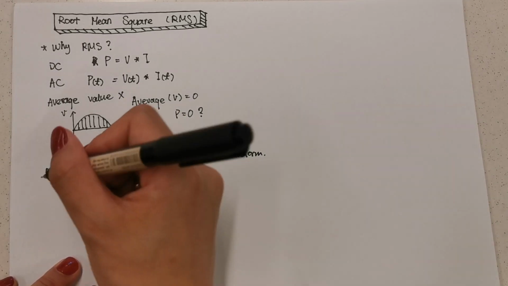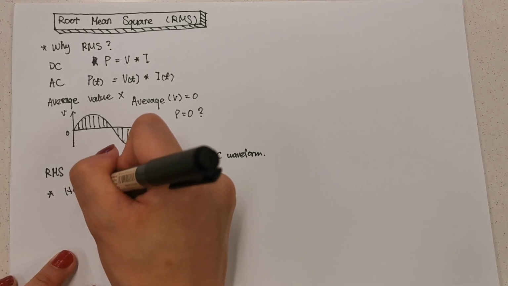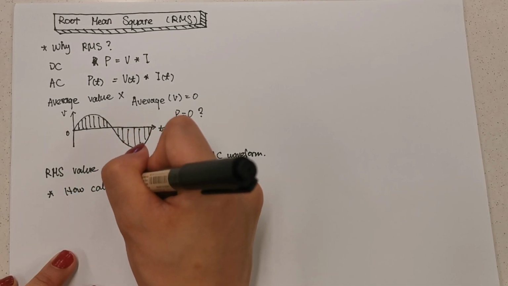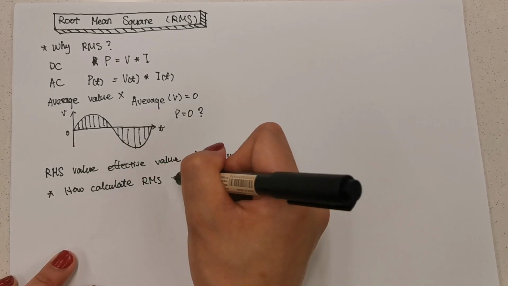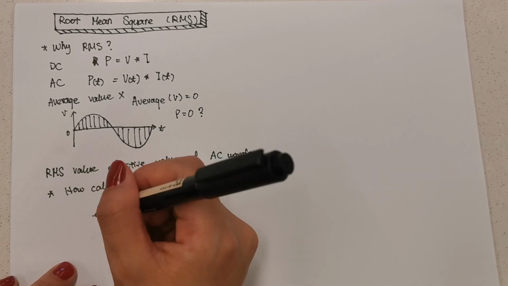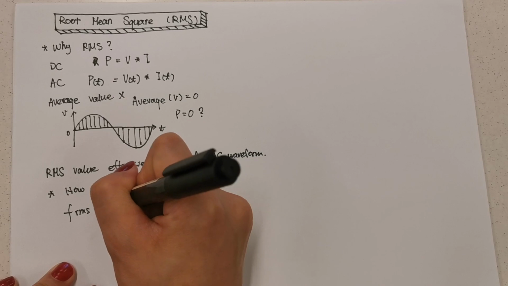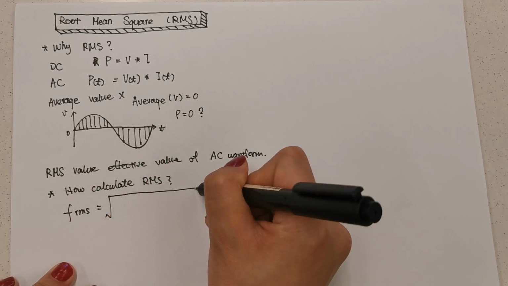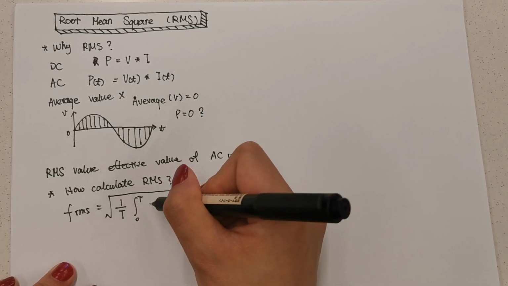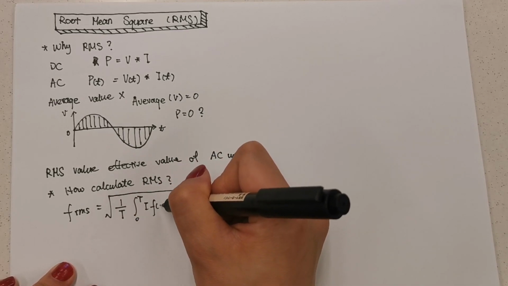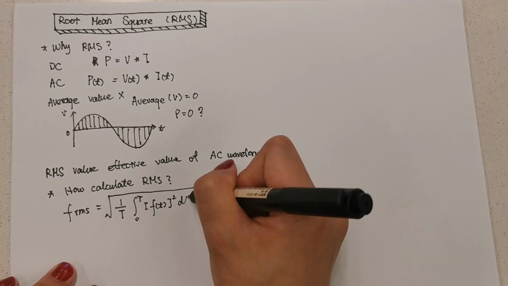Okay, so then we move to the next question. How to calculate the RMS value? The definition of the RMS value is F RMS equals the square root of the average over the period 0 to T of the square of the function, dt.